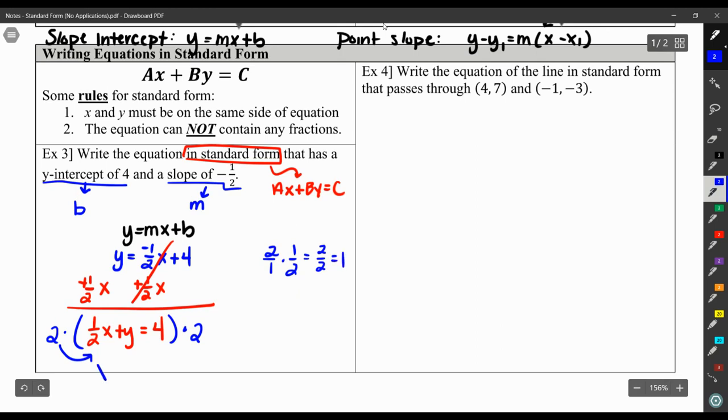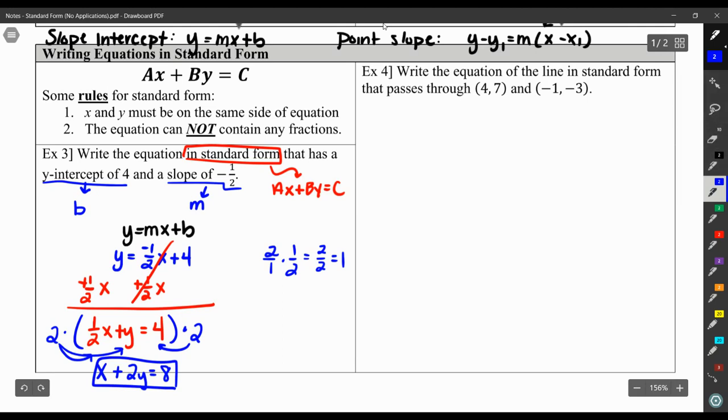So this is really just x plus 2y, since you have to multiply everything by the 2, equals, and then 2 times 4 makes 8. So this would be your final standard form because there are no fractions, x and y are on the same side, and the constant is over by itself. Let's look at example 4.